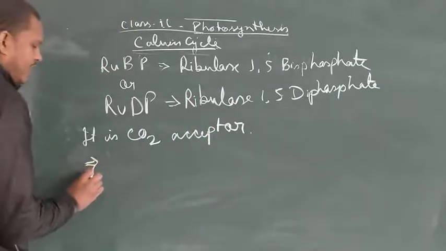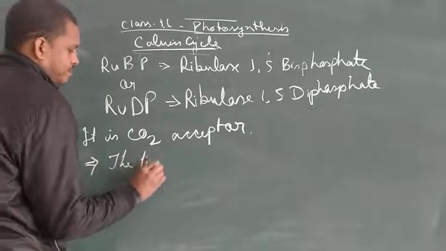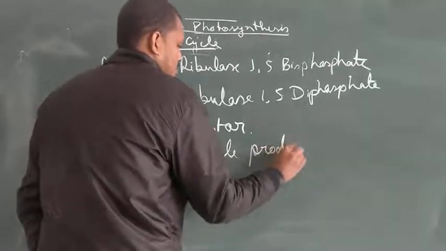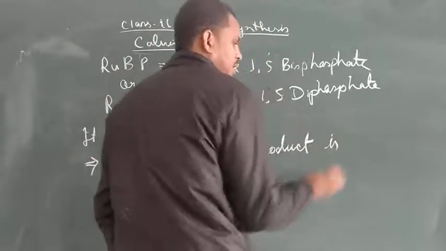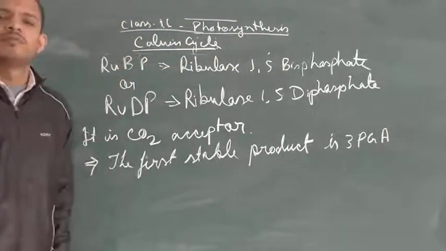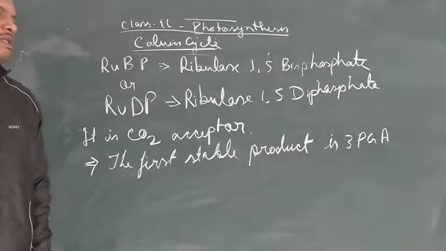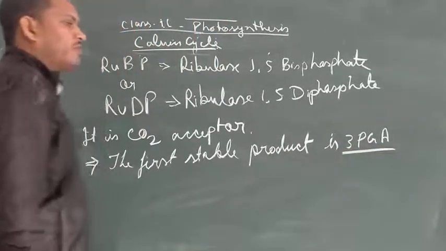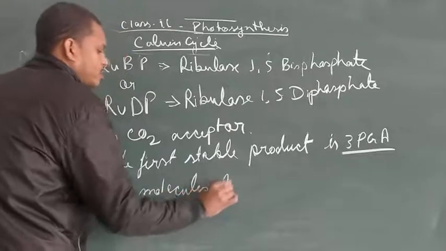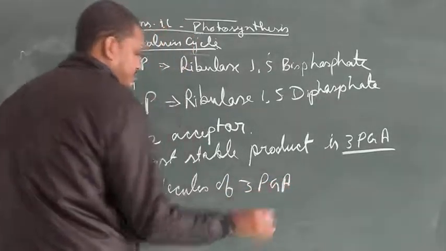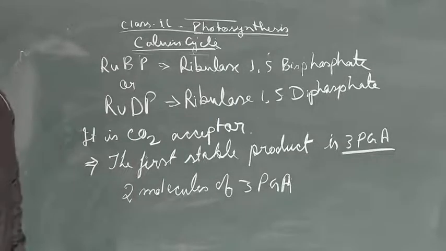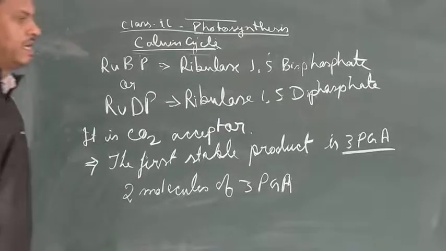In the C3 cycle, the first stable product is 3-PGA, 3-phosphoglyceric acid. We actually get two molecules of 3-PGA in one completion.